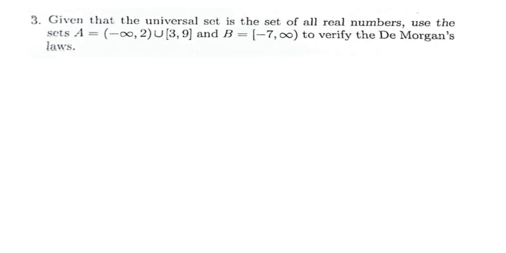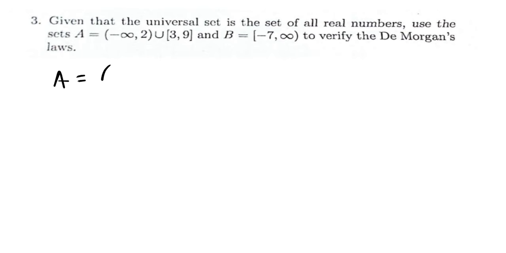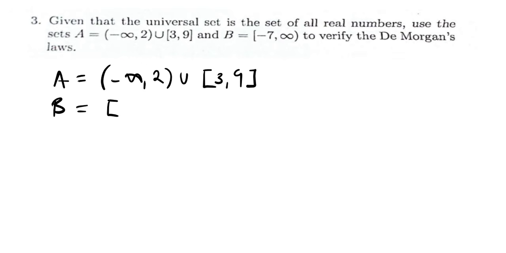They've given us that A is equal to negative infinity to 2, union 3 to 9, closed intervals. Then B is a closed-open interval, negative 7 to 2. So we need to verify the De Morgan's laws.